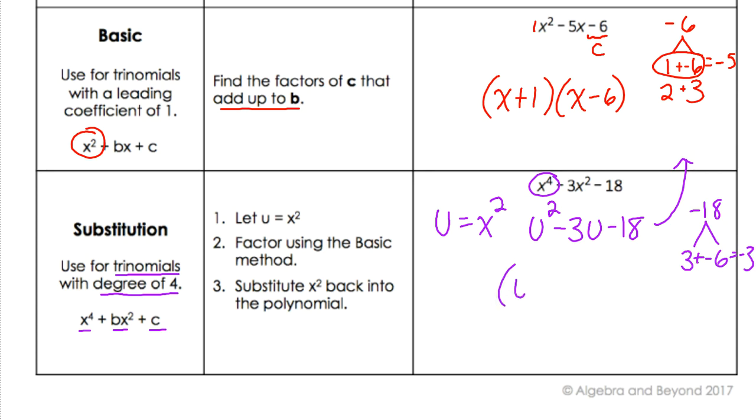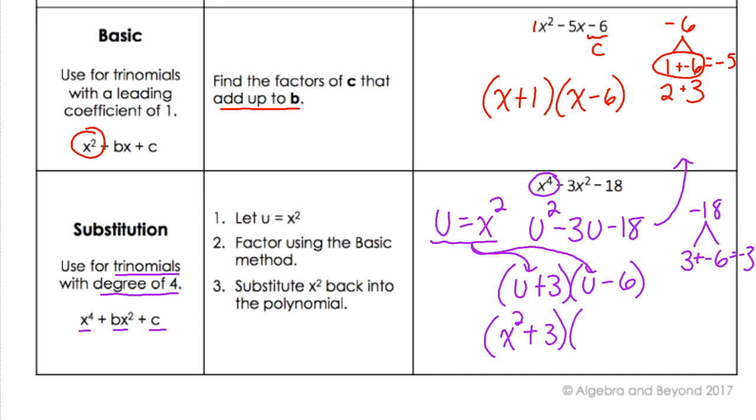So my factors are u plus 3 and u minus 6. And then we just have to resubstitute back in the x squared. So u is actually x squared, and then the plus 3, and x squared minus 6. So now I have factored that. Again, anytime you factor, you can multiply it back together and make sure you get what you started with.